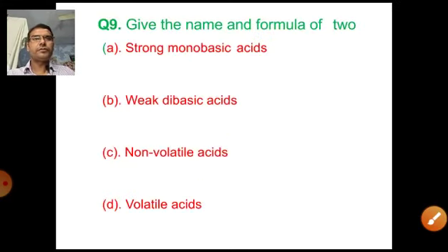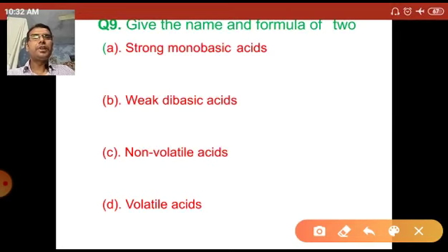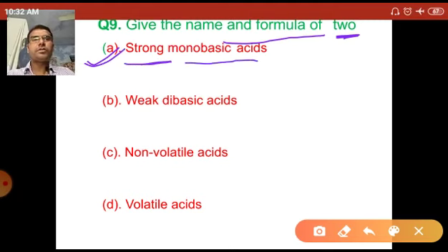Now the next question, give the name and formula of 2 strong monobasic acids. So we recall the knowledge and write here 2 strong monobasic acids.